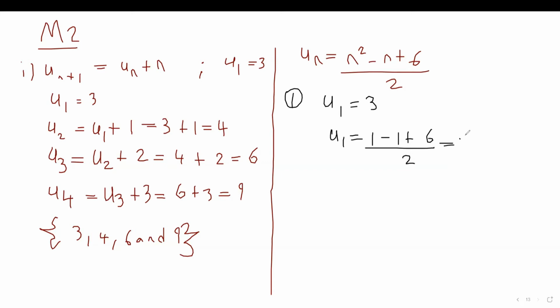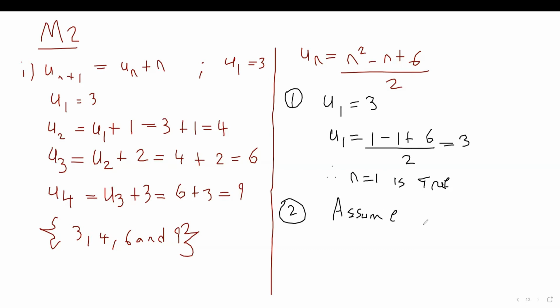So the formula works. Therefore, n equal 1 is true. Now that the formula works for n equal 1, let's assume it's true. Assume true for n equal k.